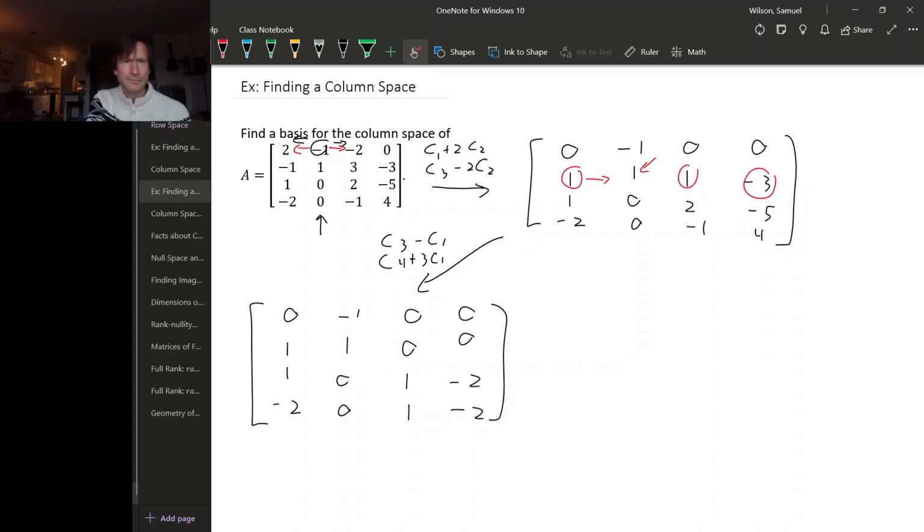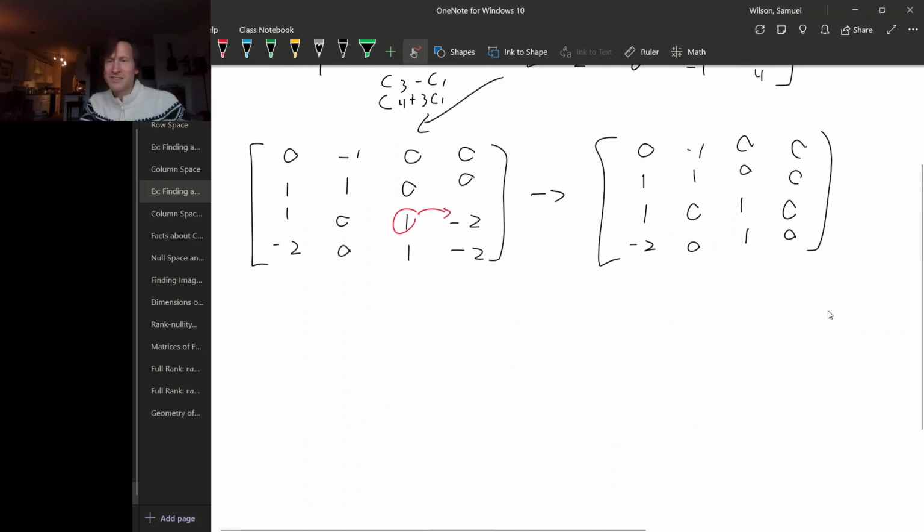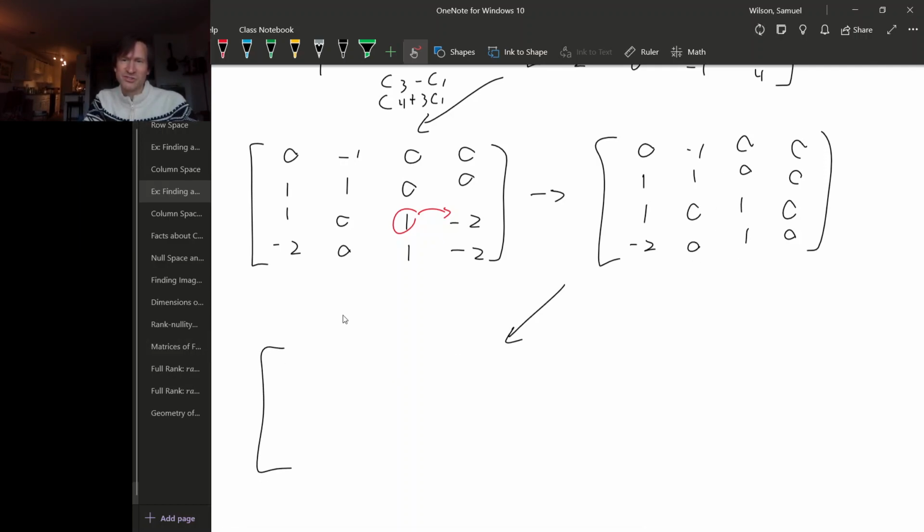Okay. And now we can use this one to zero out the stuff to the right. We get 0, 1, 1, -2, -1, 1, 0, 0, 0, 0, 1, 1, and then 0, 0, 0, 0. All right. Now, I don't quite have the stair-step pattern I was promising, but if you just rearrange the columns, you'll see the stair-step pattern.